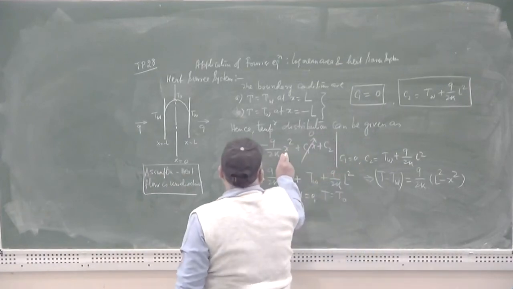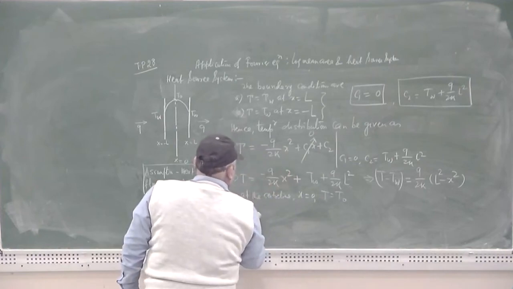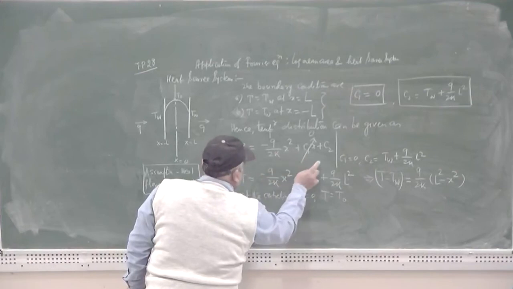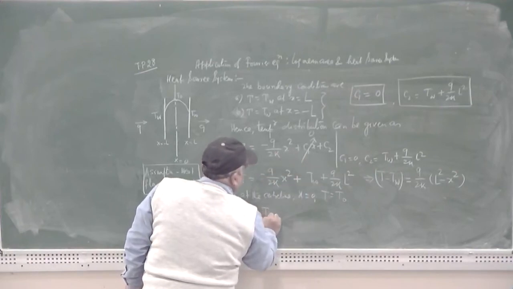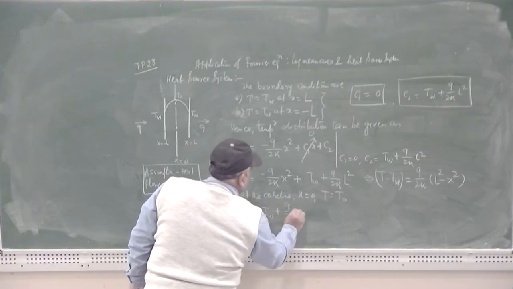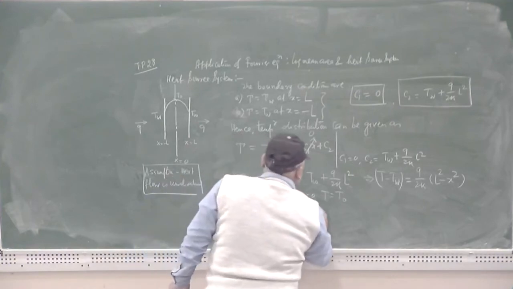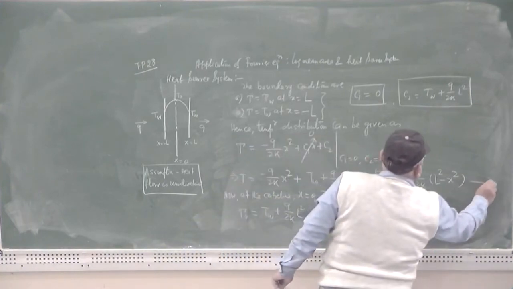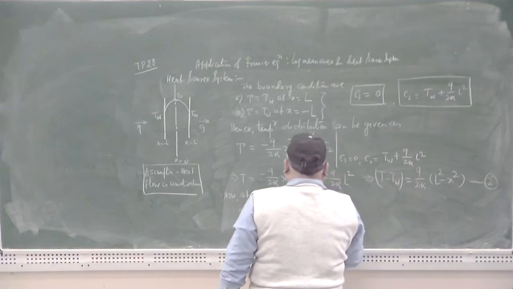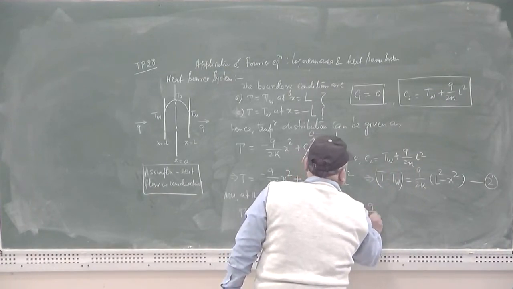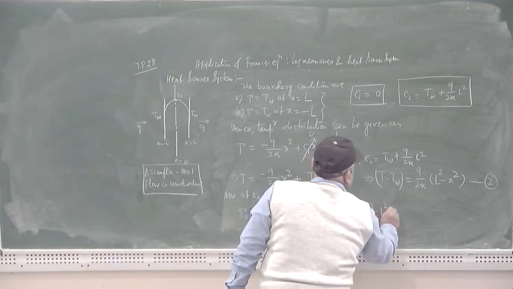Putting in this fundamental equation, T is equal to T naught, that should be equal to 0 and C2. So, this is TW plus Q by 2K into L square. So, the expression, let it be equation number 2: T naught minus TW should be equal to Q upon 2K L square.